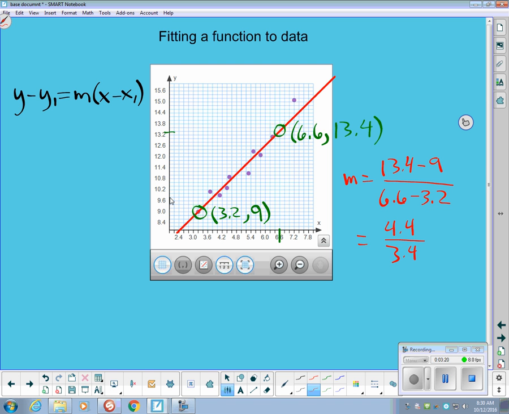And that is approximately, sorry about that, 4.4 divided by 3.4 is approximately 1.29. We'll use that as the slope, and I can grab either one of my points over here. My slope, again, is 1.29.